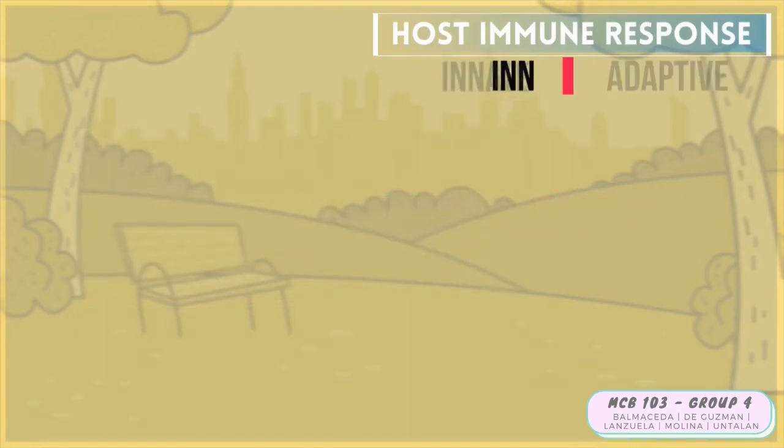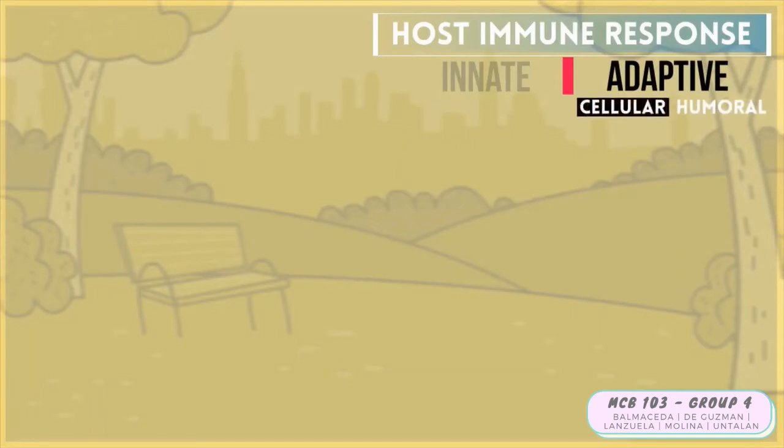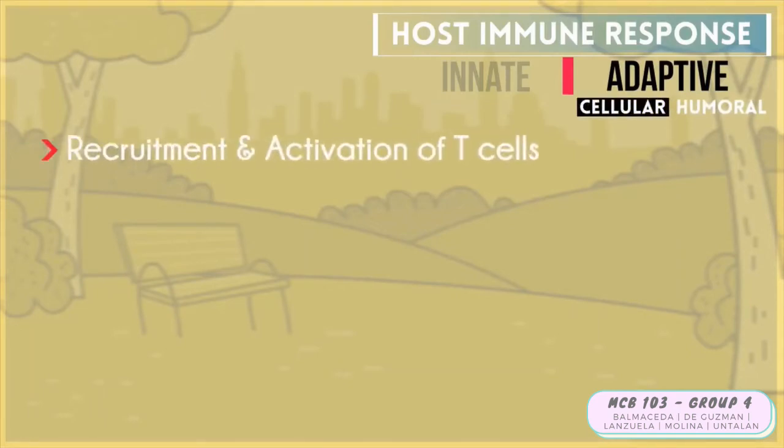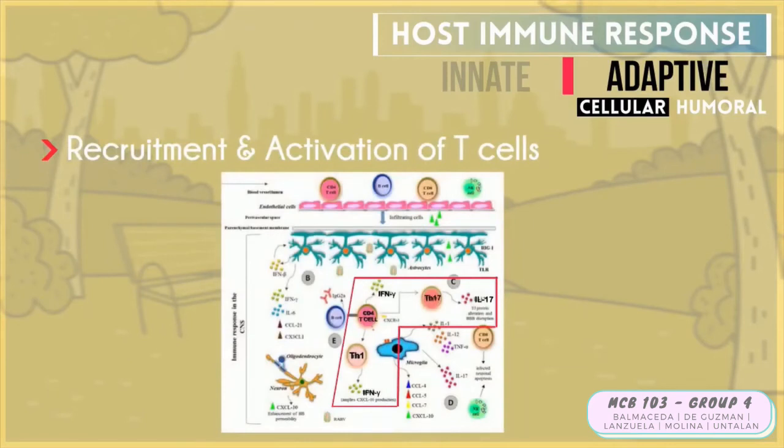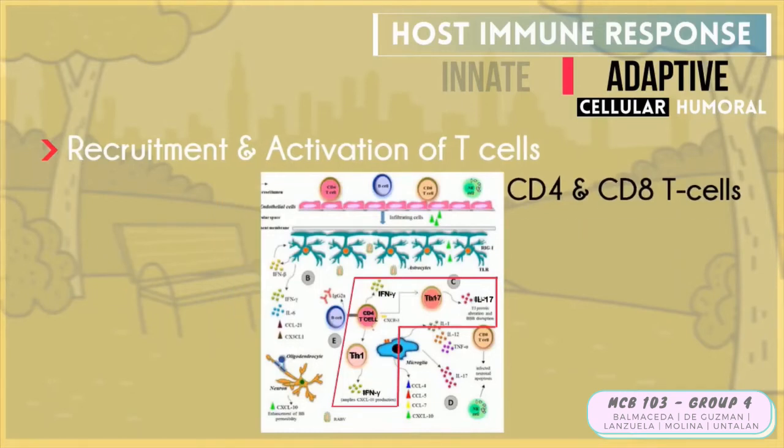Now we move on to the adaptive immune response, which is subdivided into cellular and humoral immune response. The cellular immune response is underscored by the recruitment and activation of T cells, specifically CD4 and CD8 T cells, in the infected central nervous system via CXCL10 secretion.